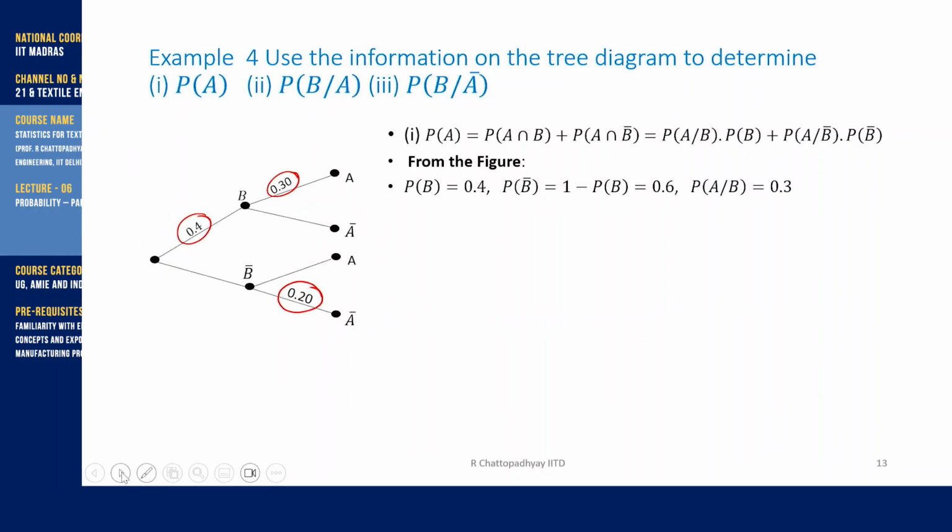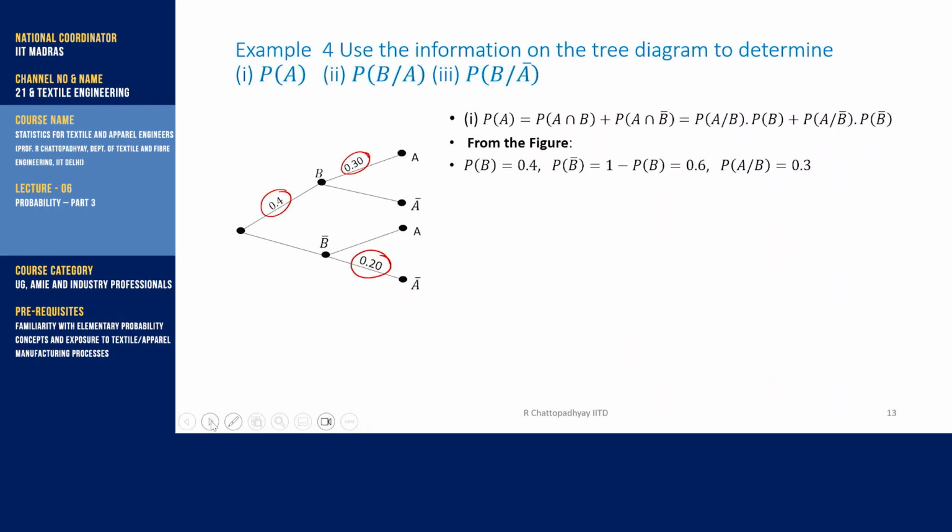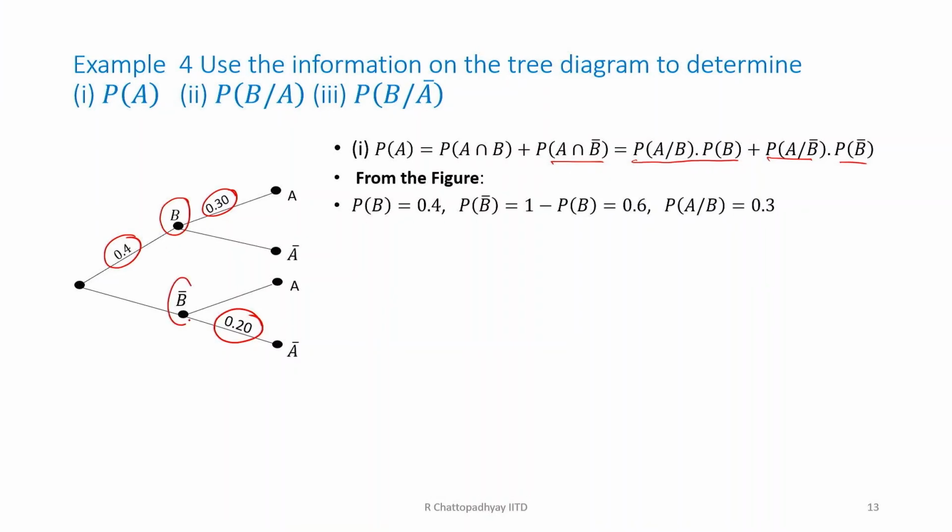P(A) will be P(A intersection B) plus P(A intersection B bar). That means P(A given B) P(B) plus P(A given B bar) P(B bar). See here, what I have, there is B and this is B bar.